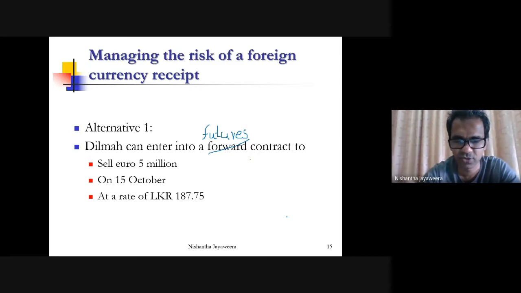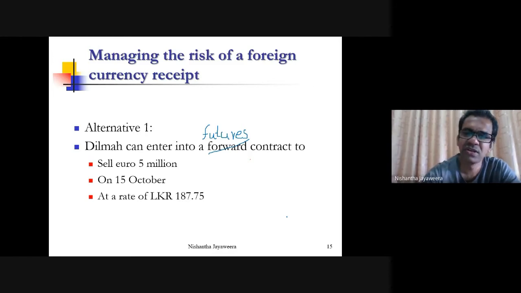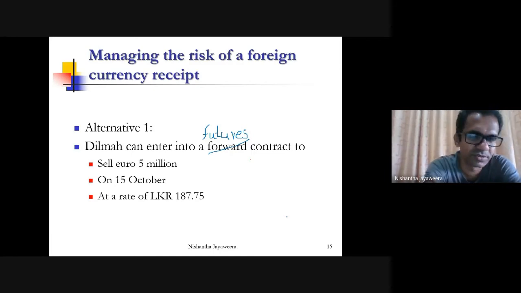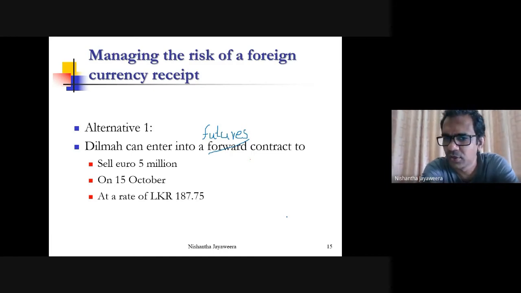We assume there's no risk of the exchange, so there's no credit risk or counterparty risk whenever you enter into a futures contract. But for a forward, you don't make any payment until the maturity date. On the maturity date, you deliver your euros, and the bank will deliver you rupees.